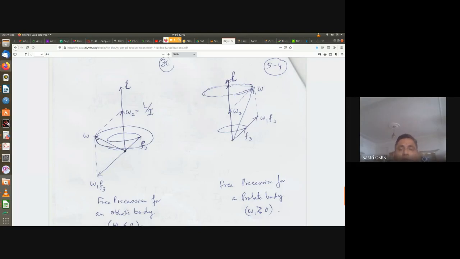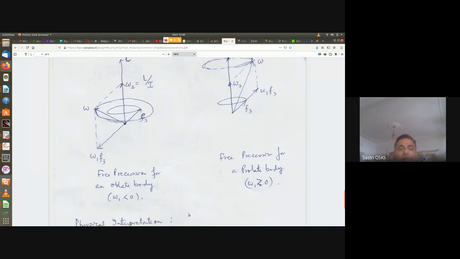So basically there are two types, right? One is oblate and another is prolate. If omega 1 is less than 0, we call it an oblate, so this direction is opposite to F3. Whereas if omega 1 is greater than 0, it will be in the direction of F3. F3 is a unit vector. So this is how it goes.